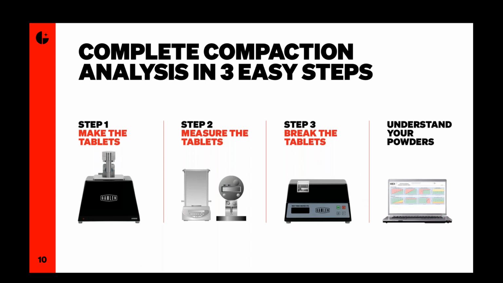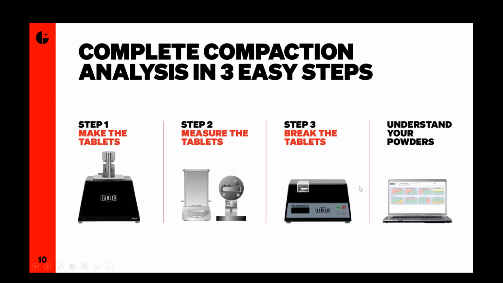With our system, a test would take about half an hour. I know people have gotten it down to 15 minutes who have gotten more familiar with the system, but I think half an hour is usually about right. We offer the balance, the micrometer, and our TTA, which is a tablet tensile analyzer, which is a type of hardness tester.